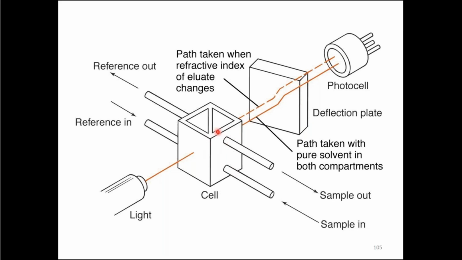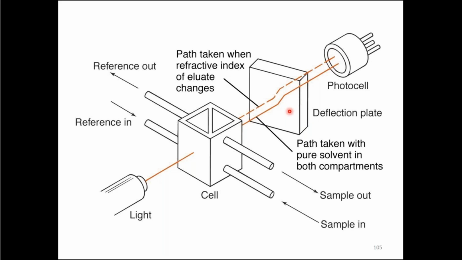The mixture of the eluted component and mobile phase will have a different refractive index compared to pure mobile phase. When that happens, the combination of these two refractions will result in a different path. So once you get a different path, the reading of this photocell will also be different.